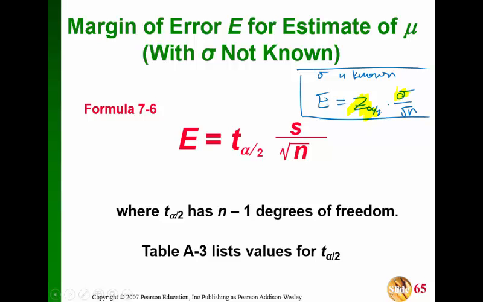With the z, if I say 95%, you say 1.96, always. For the t distribution, if I say 95%, you have to ask, what's your sample size? Because your sample size determines your degrees of freedom, and your critical value is based on your degrees of freedom.